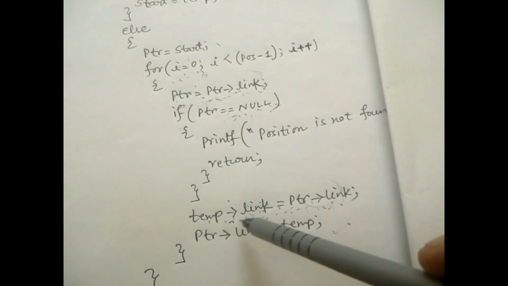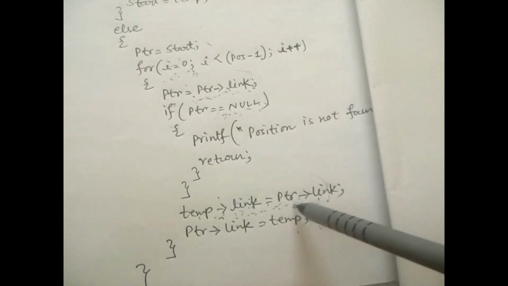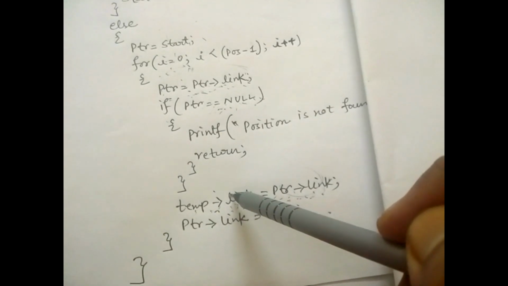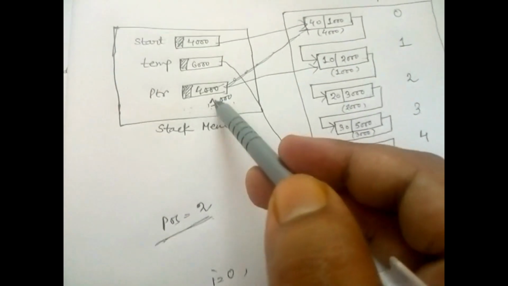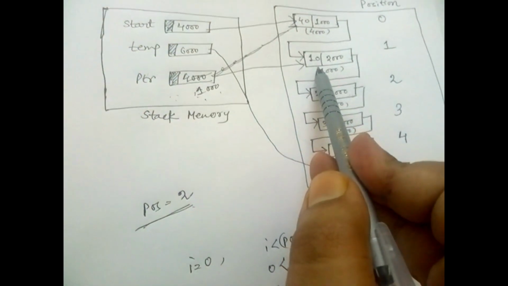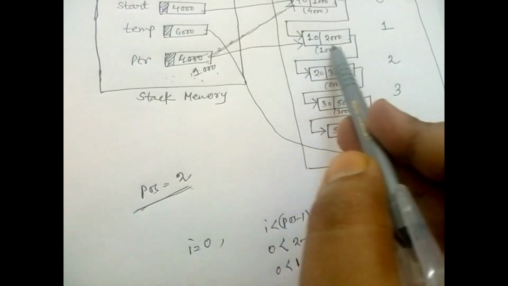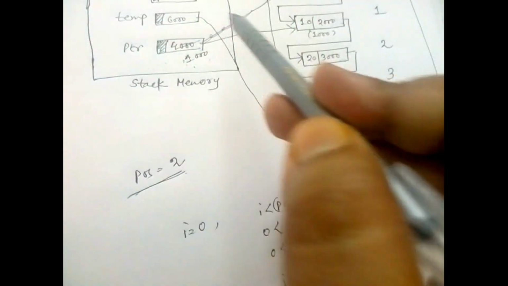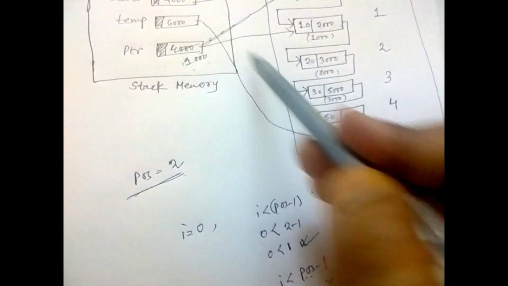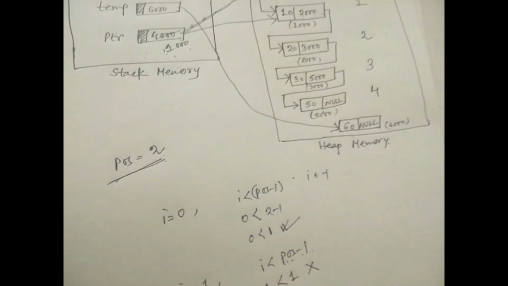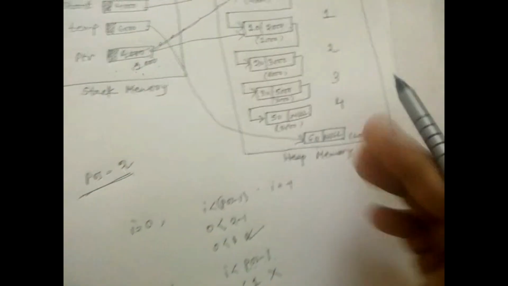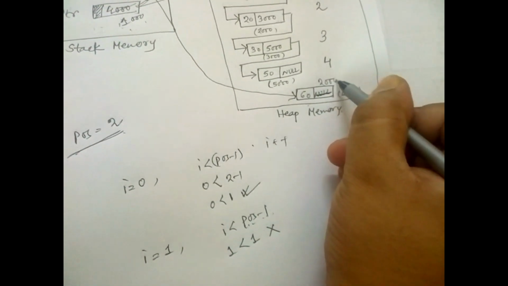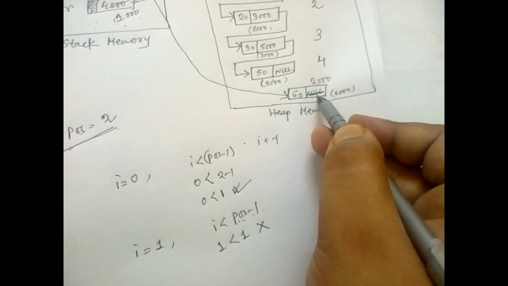Now go to this statement, temp arrow link equal to PTR arrow link. That means the value of PTR arrow link is assigned into temp arrow link. Clear? So PTR is 1000, it points to this node, and PTR arrow link is 2000. So 2000 is assigned into temp arrow link. Temp is 6000, it points to this node. So now temp arrow link is 2000.